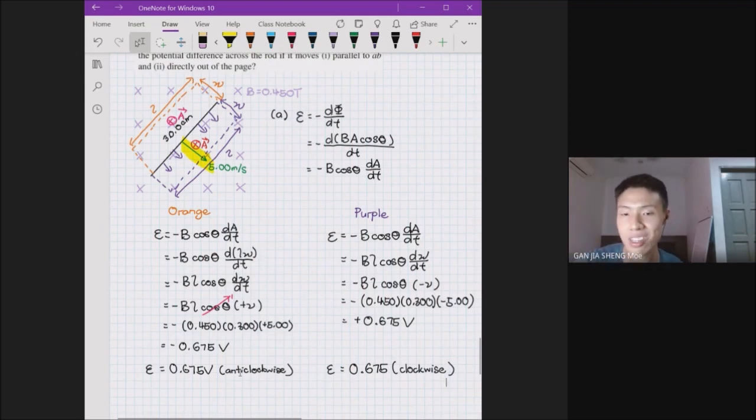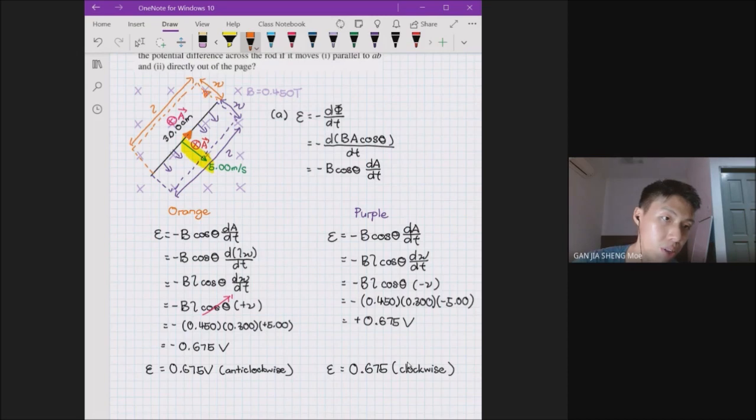Now you might seriously doubt whether your answer is correct or not, because both of them give you the opposite direction. One is anti-clockwise, one is clockwise. They are totally opposite directions. So which one is true? Okay, let's try to think about it. I'm going to use an orange arrow to indicate the direction for the orange loop. So the orange loop is anti-clockwise. So anti-clockwise will be turning in this direction. I might need to use a bigger arrow over here.